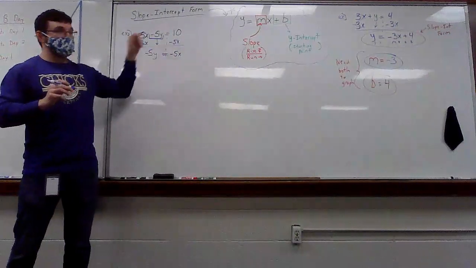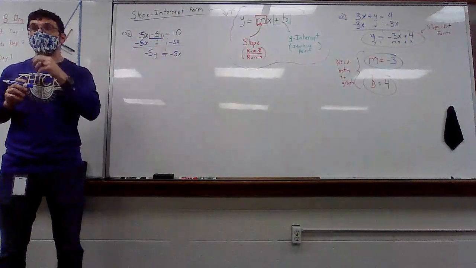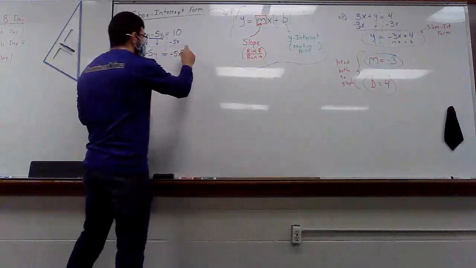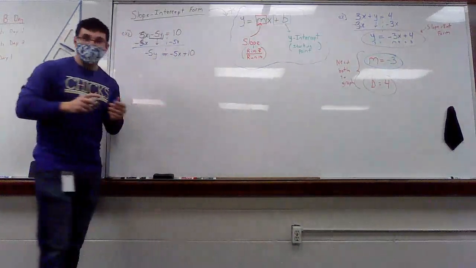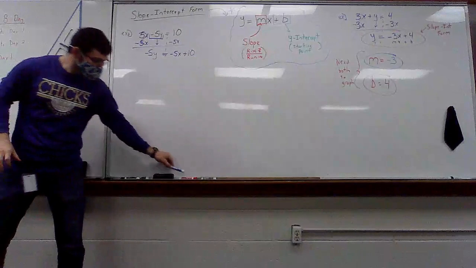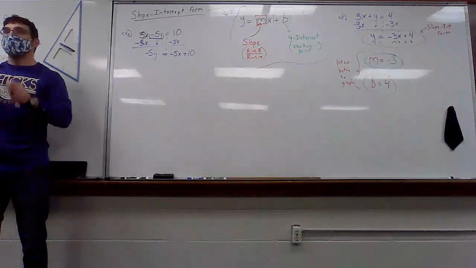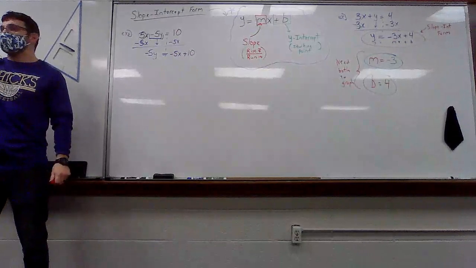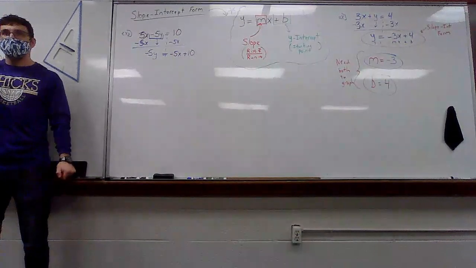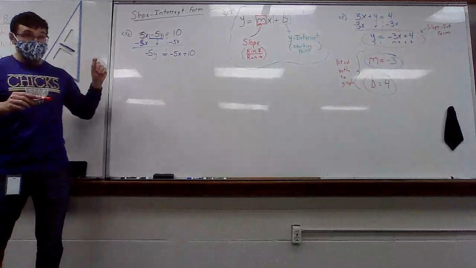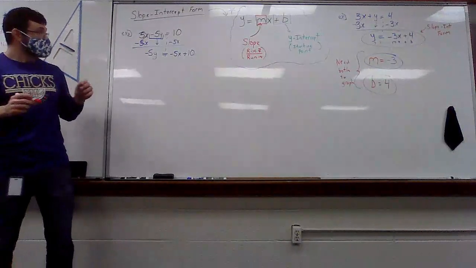So we've got negative 5x. What's still on that side? 10. What kind of 10? Positive 10. Okay. Still doing all right. Everybody still with me? Give me a thumbs up if you're like, okay, Mr. H, I can do that first step. That seems doable.